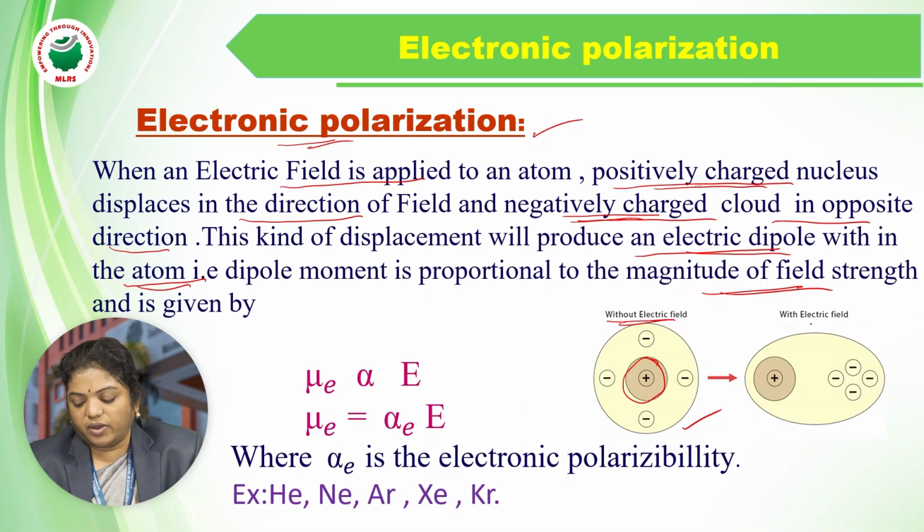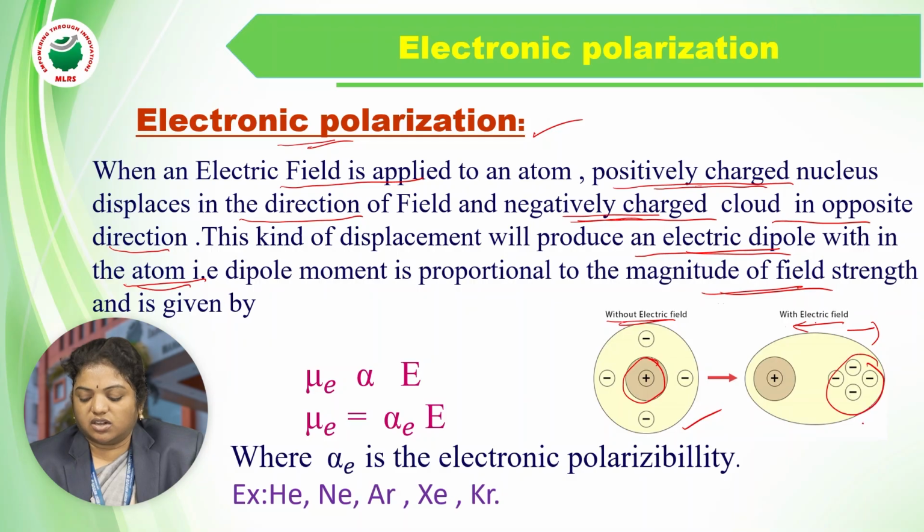Whenever the field is applied in this direction, the nucleus does not actually move, because it consists of protons and neutrons and is heavy. It stays in the same place, but the electron cloud has the same charge sign as the field direction source, so it is repelled opposite to the field direction.